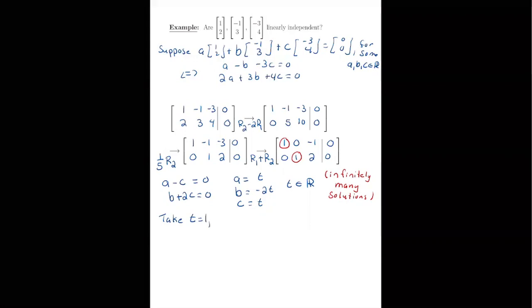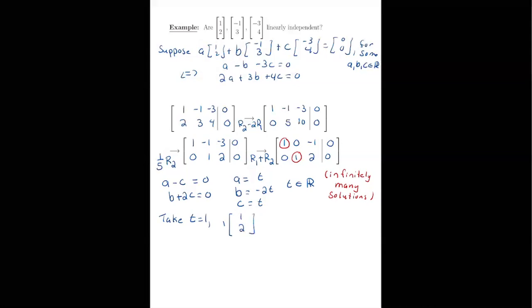If I take T to be 0, I'm just going to get that trivial solution. So if I take T to be 1, then I would have the solution. So A would be 1. Remember, what does this represent? A was the coefficient on the vector (1, 2). So I'm going to get 1 times (1, 2).